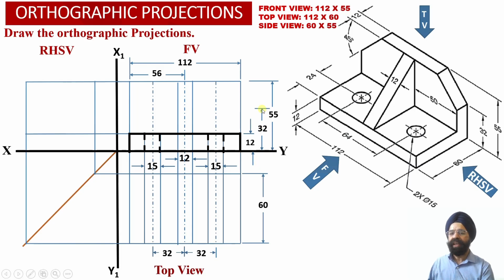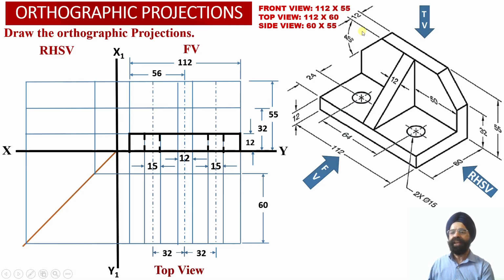Now we can check, we have taken the height of 32 millimeter from the ground, and at the height of 32 millimeter from the ground, we have marked a horizontal projector line into the front view projections, and we have extended this projection line into the right hand side view projection over here.